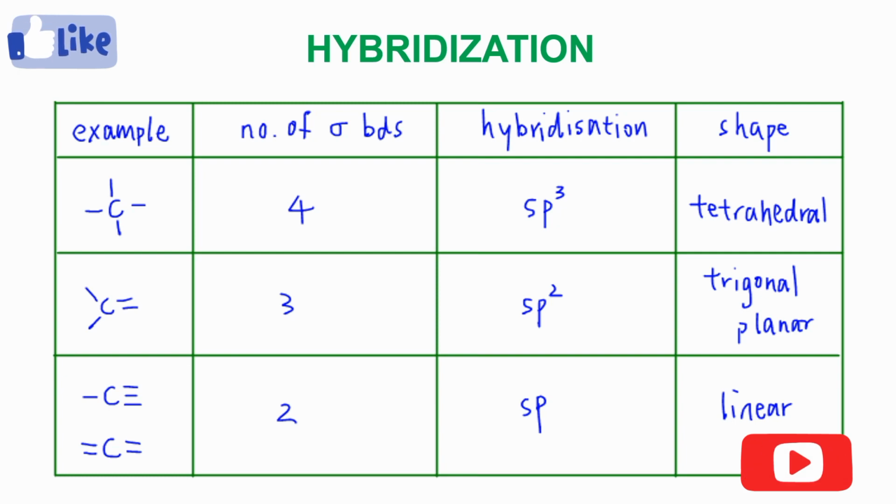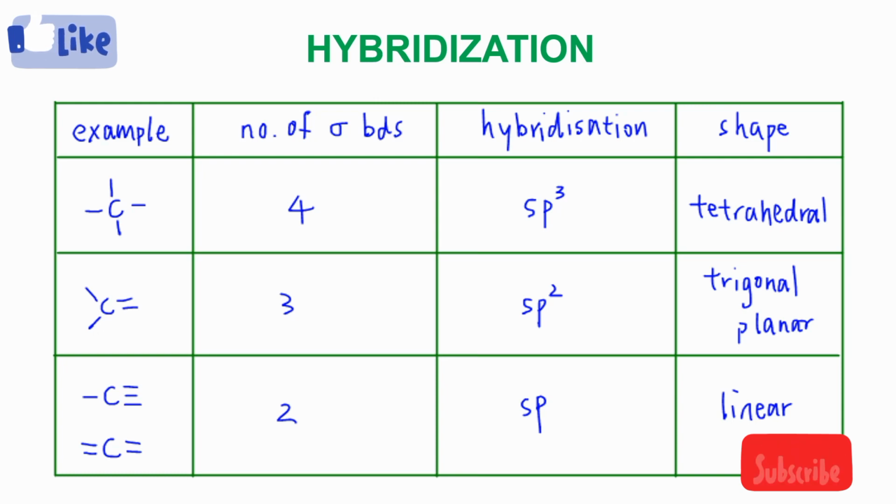But when we come to a triple bond, we are going to have 2 pi bonds and 2 sigma bonds, because Py and Pz were not participating in bonding. So that is why we are having 2 pi bonds and 2 sigma bonds.